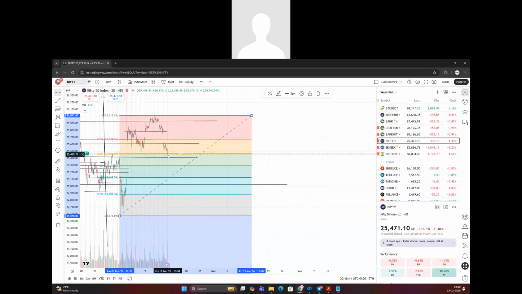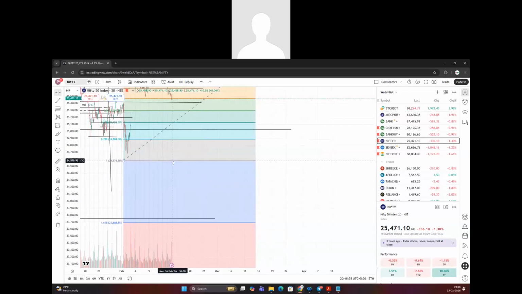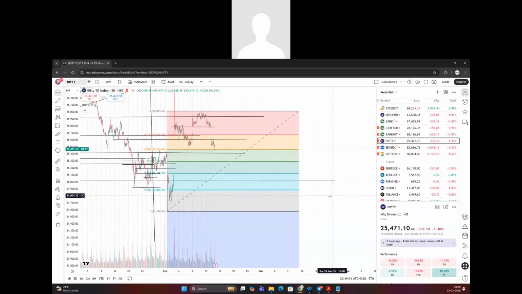So now if it is able to cross this 0.382, it will definitely come touch 0.5. If it is able to touch 0.5, it has to come touch 0.618. If it is able to cross 0.618, it has to come touch 1 no matter what. If it is able to touch 1 and cross 1, definitely it has to come touch 1.618. So that's the game theory here.